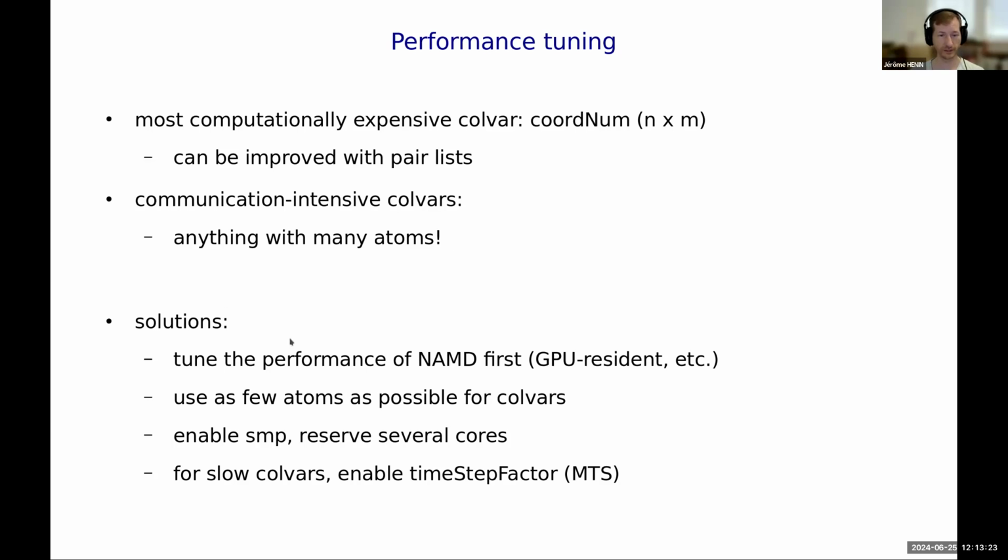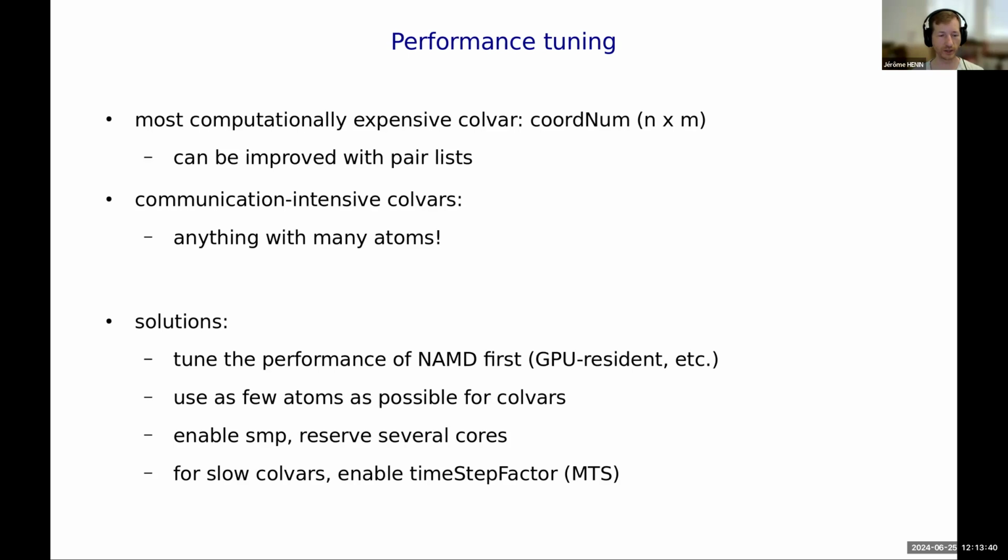So the solution to that is, first, tune the performance of NAMD itself. So you could try not enabling Colvars and doing the performance tuning that can be done. There is a little section on the NAMD wiki about performance tuning.